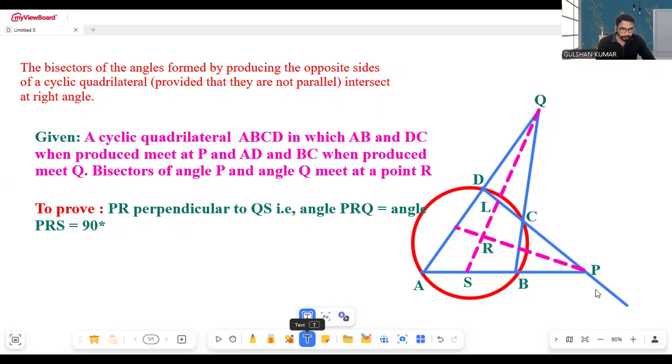I can mention here that PRQ and PRS both are 90 degrees. That will be our question here.